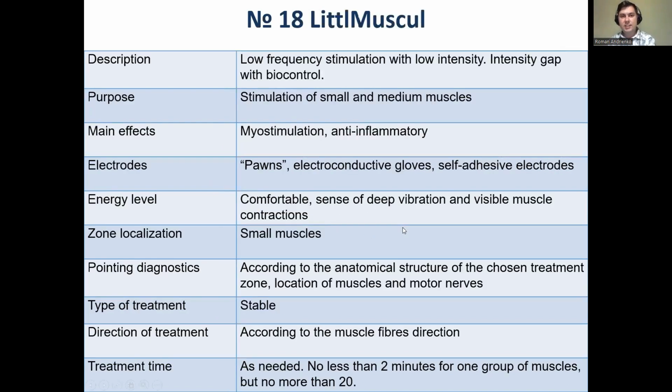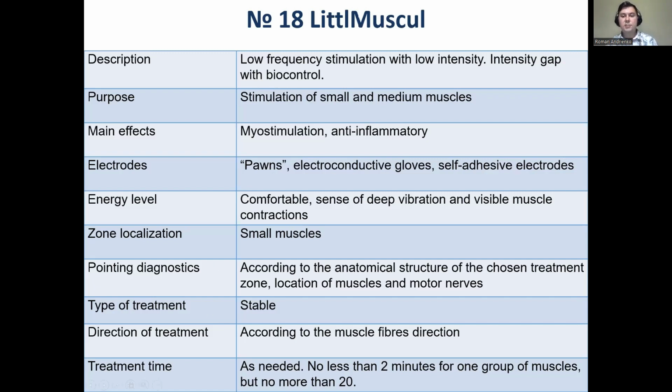There are two presets, number 18 and number 19, that are more specific, little muscle and big muscle. Though the names are self-explanatory, they are particularly tuned and set for treating and myostimulating a certain number of muscles. So little muscle is intended for stimulation of small and medial muscles.